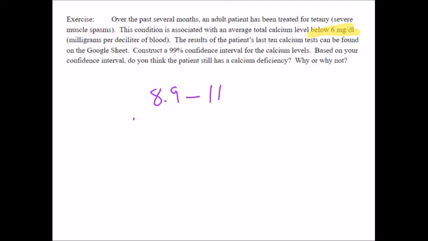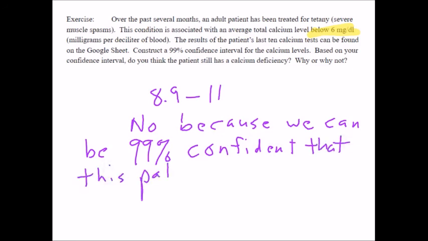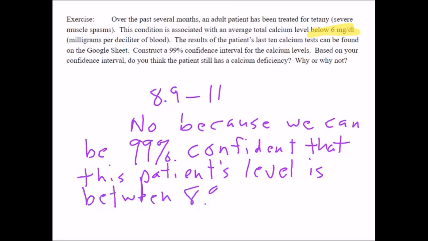So what I would say is no, because we can be 99% sure or confident that this patient's level is between 8.9 and 11 milligrams per deciliter, which is more than 6.